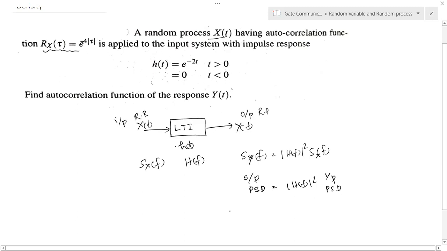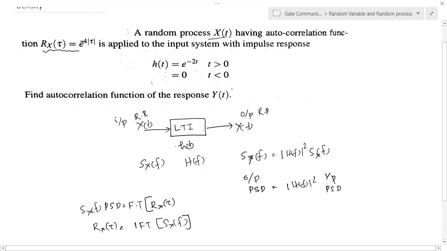The autocorrelation function and power spectral density are related like this. The power spectral density is actually the Fourier transform of the autocorrelation function. If Rx of tau is the autocorrelation, then its transform is Sx of f. Similarly, you can find Rx of tau by evaluating the inverse Fourier transform of Sx of f.